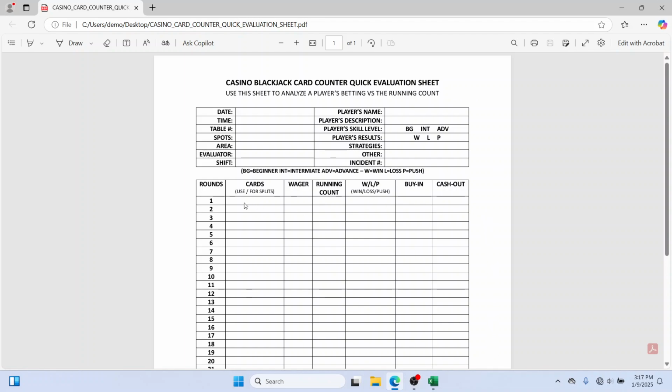So what this does is where you make your inputs here. You'll input the cards here, and you input the wager.